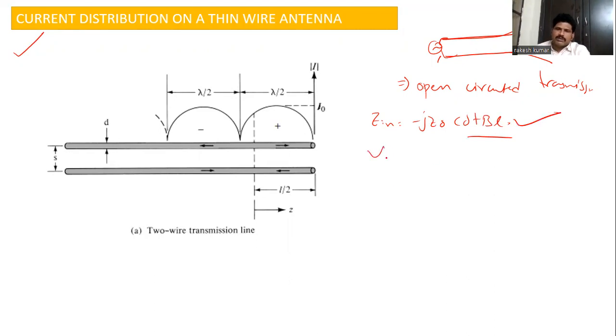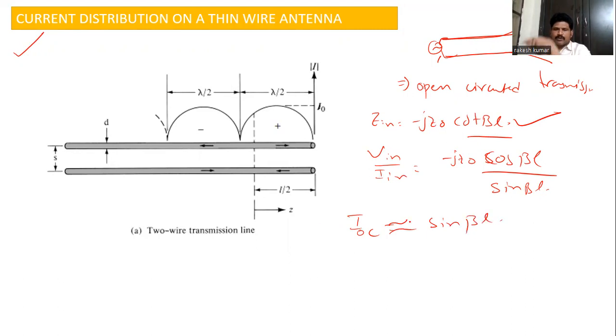Zin we generally consider as Vin by Iin. So it is minus jZ0 into cos beta L by sin beta L. In this open circuit, the current I_oc we can approximately consider as sin beta L. How will the expression for sin beta L behave? For example, if the length of the wire is 0, what is I_oc?